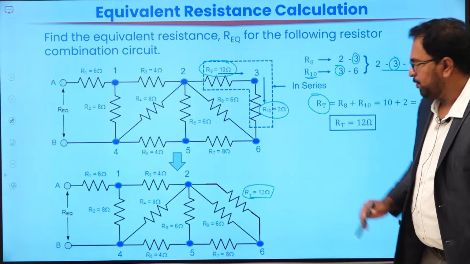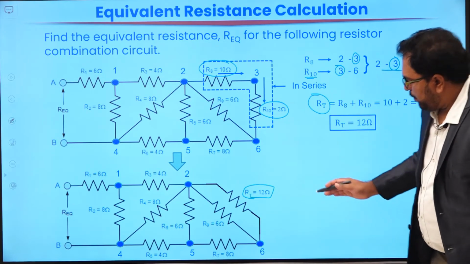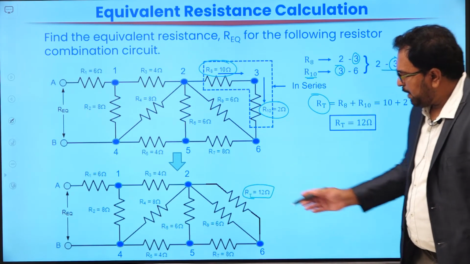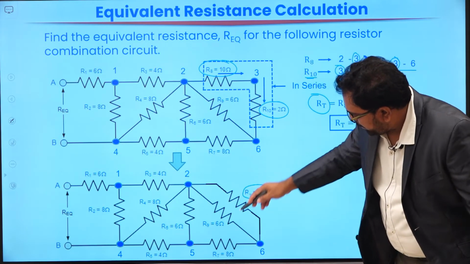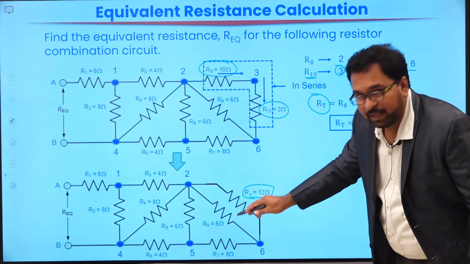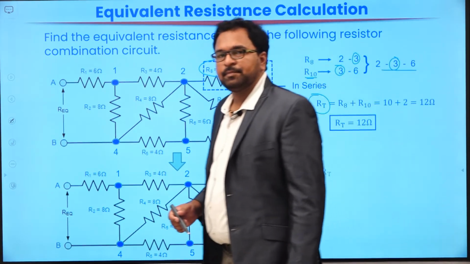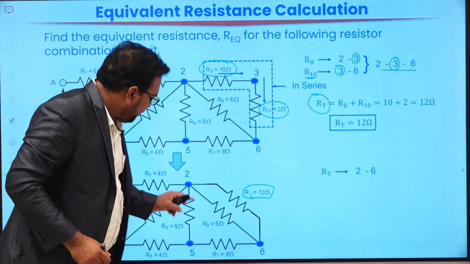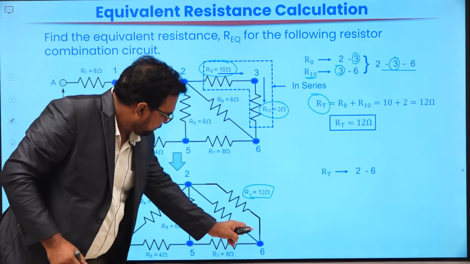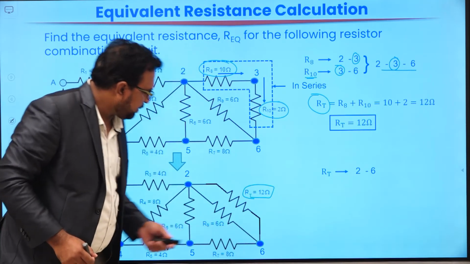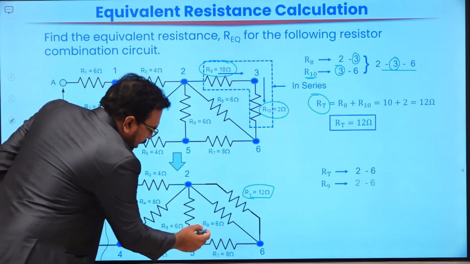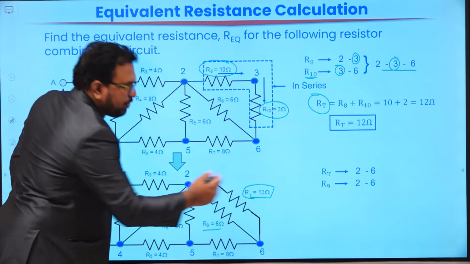Now in this circuit, if you see from this side, it can be clearly observed that this RT and the 6 ohm resistor are both connected in parallel. Why? See here, RT is connected between which nodes? 2 and 6. Similarly, R9 is also connected between node 2 and node 6.